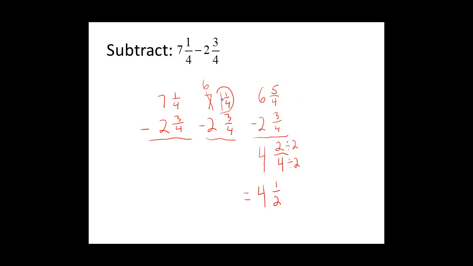Then we took this mixed number and made it into an improper fraction. Then we were able to subtract the numerators of the fraction parts. Before we said we were finished, we needed to check the fraction to make sure that it was completely simplified. We saw that we could divide out a 2, so we did that before we said our final answer.